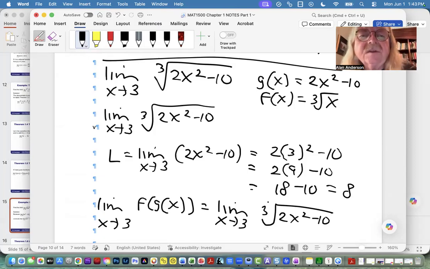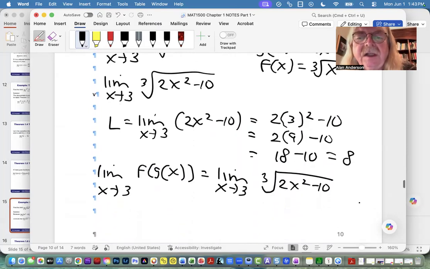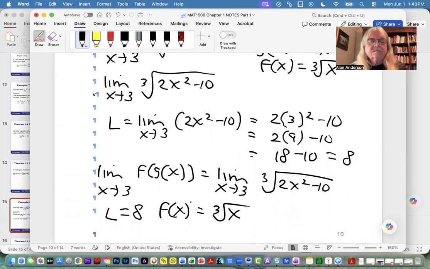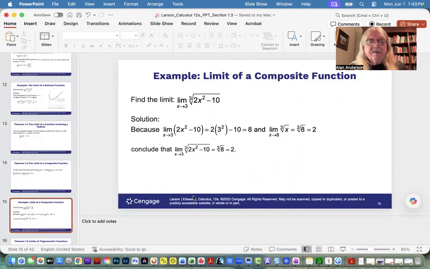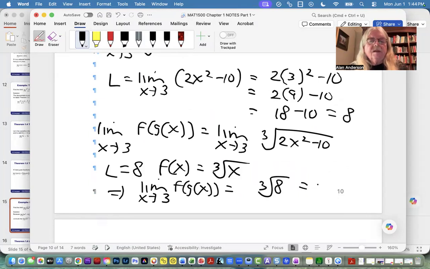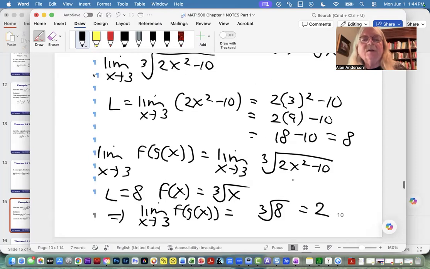Now, according to the result we had up here, it's f of L. So since L is 8 and f of x is the radical, the limit is the cube root of 8, which is 2.